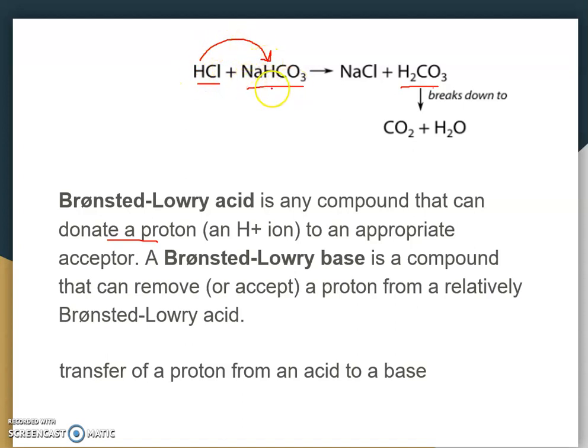The sodium bicarbonate is a base because it accepts the proton. And then on the other side of the equation, you have what we call a conjugate acid and a conjugate base. All right, that's all we're going to say about that. I wanted you to hear that. But if you take more chemistry, you'll probably do a lot more with these types of reactions.